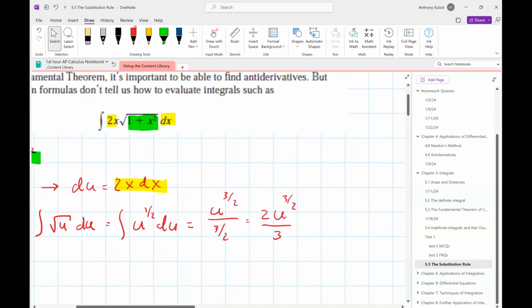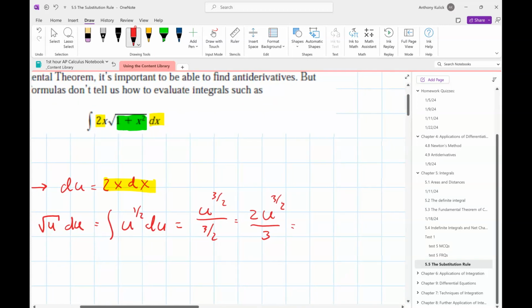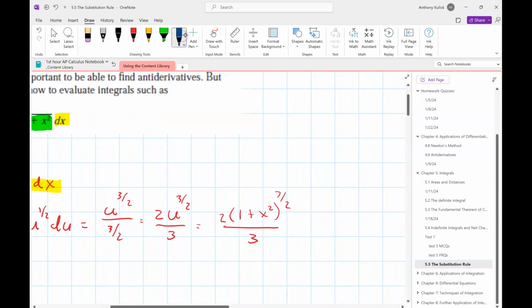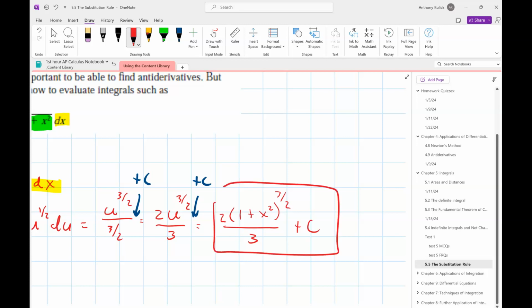And now my last step is going to be to put the u back in. But that's the gist of it.